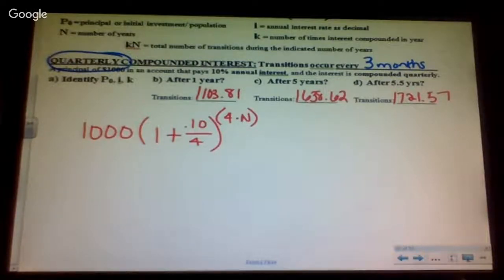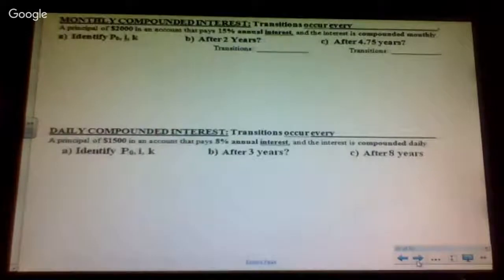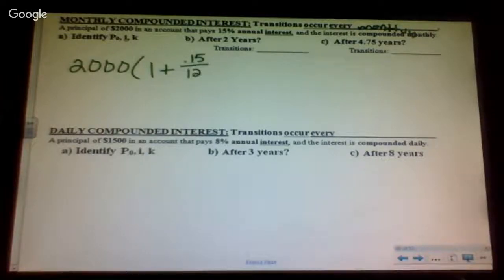Okay, the next one. Monthly compound interest. That happens every month. So, if it's monthly, how many times is it happening a year? 12. So, 2,000 times 1 plus, my interest rate is 0.15 divided by 12. And 12 times n goes up in here.